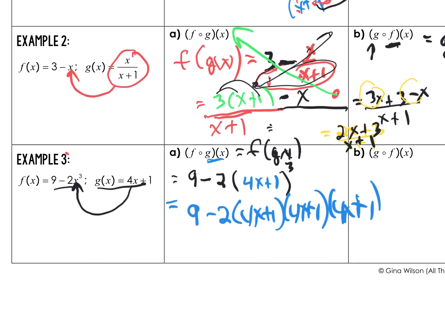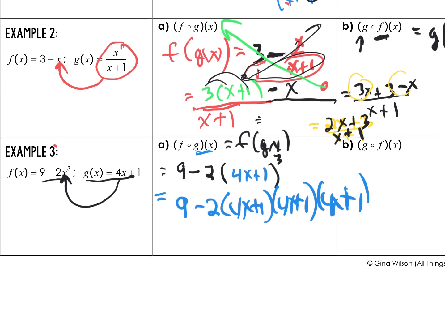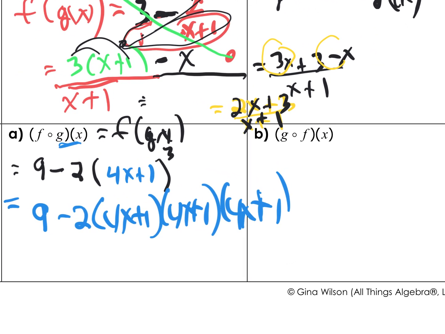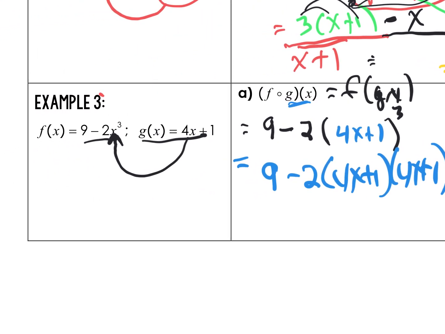Okay. How would it look if I do B? That means G is very hungry, eating f of x. Okay. So I go look over at G and say, oh, G was that line. So I'm going to remove my scribble on this.